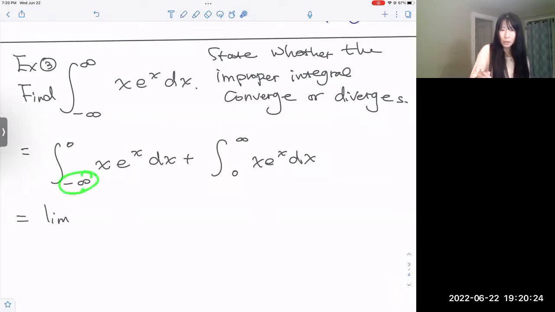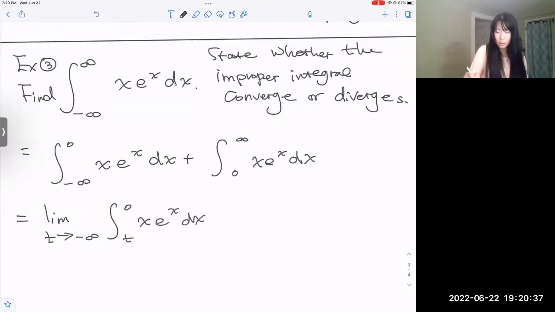This is not good, so we have t approaching negative infinity, and then integral from t to 0 of x e^x dx. And also, this is not good. We make a t there, and we take the limit as t approaches positive infinity of the integral from 0 to t of x e^x dx.